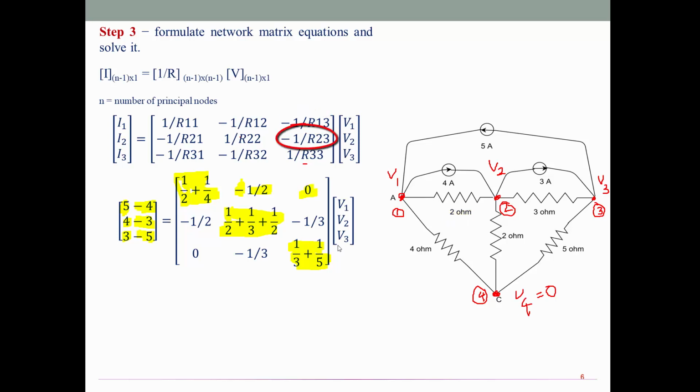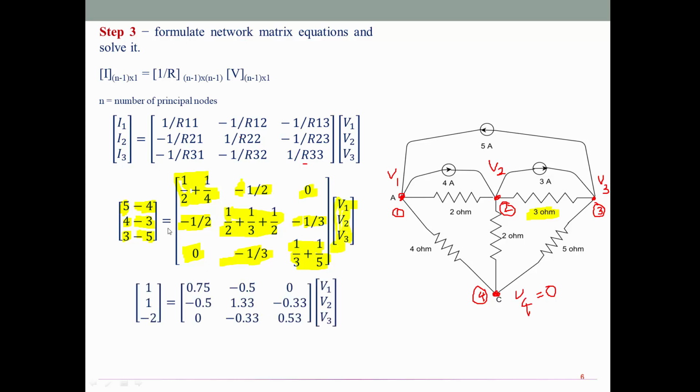R2 to 3, between 2 and 3 there is 3 ohm branch, so take down minus 1 by 3. This inverse resistance matrix is symmetrical matrix, so R1 to 2 becomes R2 to 1, R1 to 3 becomes R3 to 1, and R2 to 3 becomes R3 to 2.